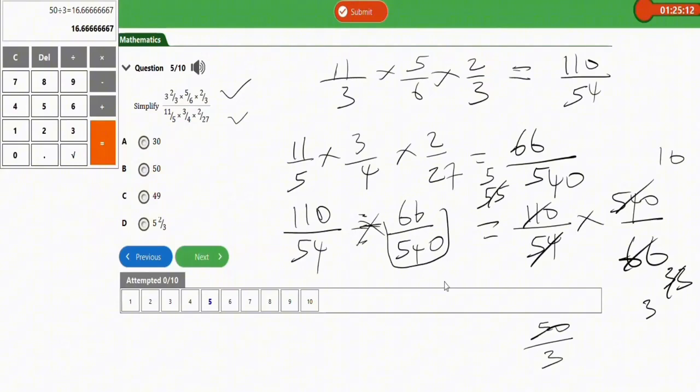All right guys, so the correct option to this question is option D. This is meant to be 15 whole number 2 over 3 and not 5 whole number 2 over 3. So there is a slight error in the options. All right, so the correct option is meant to be option D, 15 whole number 2 over 3. Because remember, we arrived at 50 over 3 as our output here. And 50 over 3 is the same thing as 16.66.